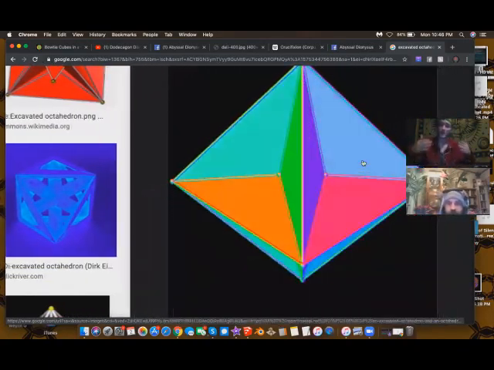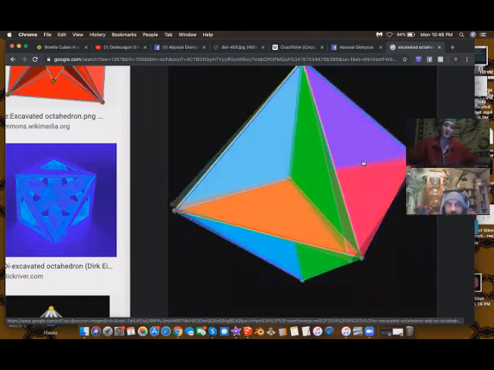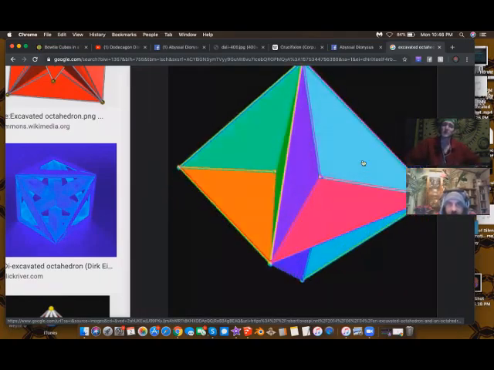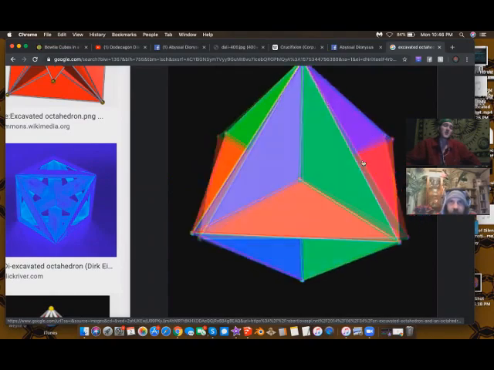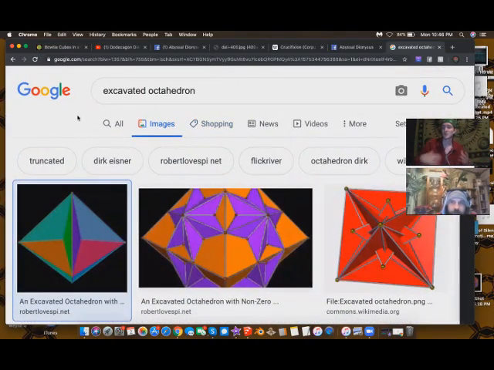But you can excavate a tetrahedron in the same way, and an excavated tetrahedron has 12 faces, so it's dodeca, but instead of gonal, it's hedral, which means faces.